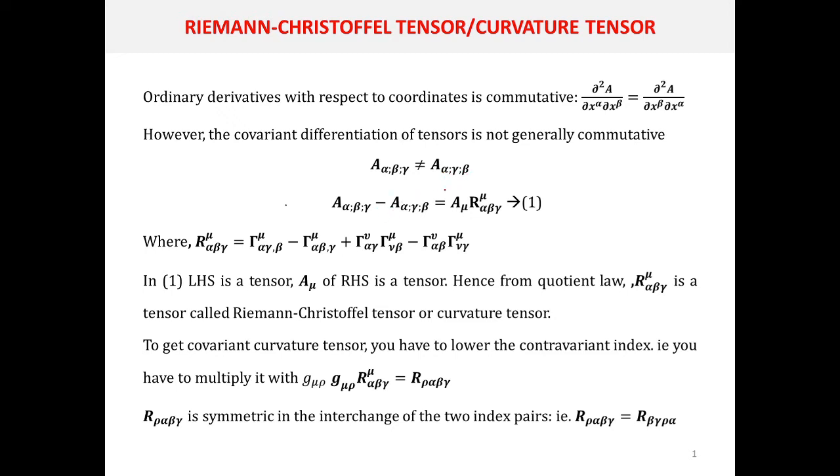So when you calculate the difference of these two covariant derivatives, that is A_α;β;γ minus A_α;γ;β, it is equal to A_μ into R^μ_αβγ.